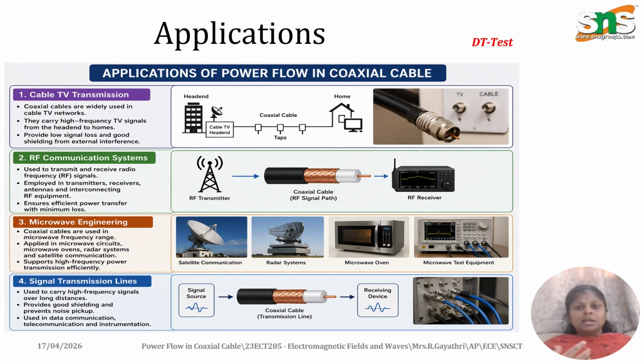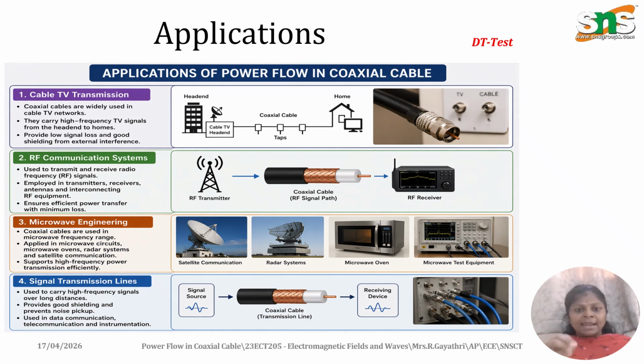Coming to the applications of power flow in coaxial cable. The coaxial cable is mainly used in cable transmission lines. It is deployed in our household appliances. Coaxial cable is mainly used in TV networks. They carry the high frequency TV signals from the satellite, and it is directly transferred to our home, which is the cable TV.